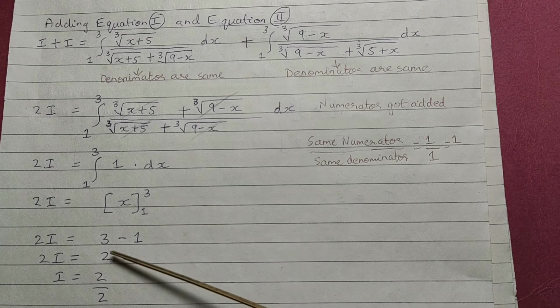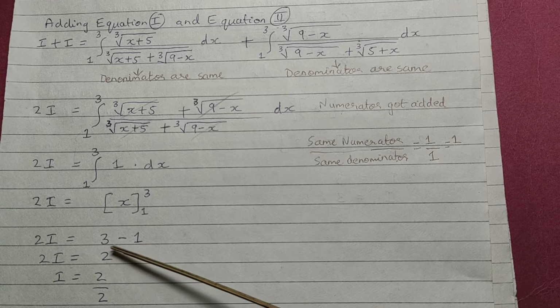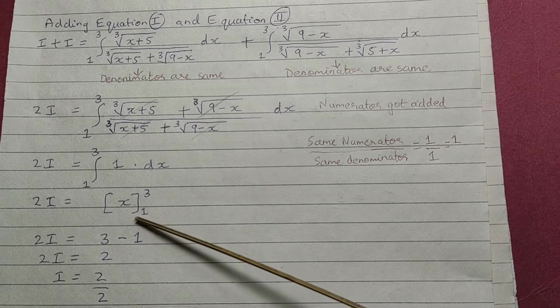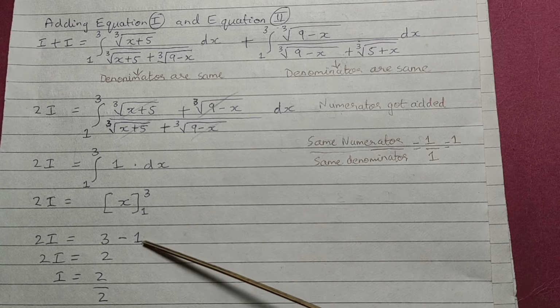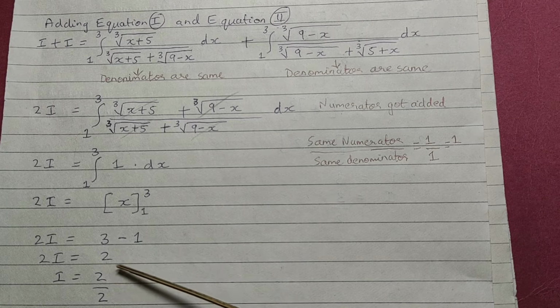The upper limit is 3, so instead of x we put 3, and minus the lower limit, instead of x we put 1. 3 minus 1 is 2, and 2 divided by 2 we get the answer 1.